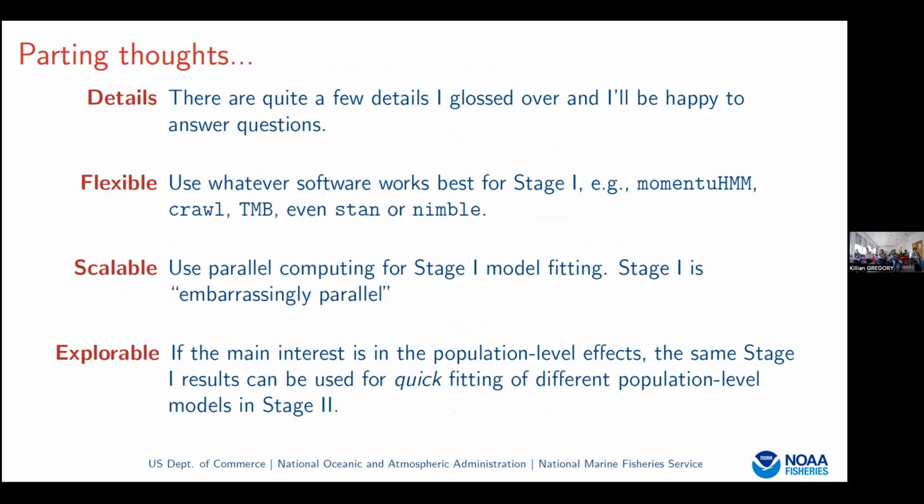Yeah, and whatever software you want, fit all your animals in HMM or crawl or whatever, or Stan or NIMBLE if you want to do it as a Bayesian. You can do that too, and it's a bonus that every animal can be fit in parallel, right? And then combine them together.